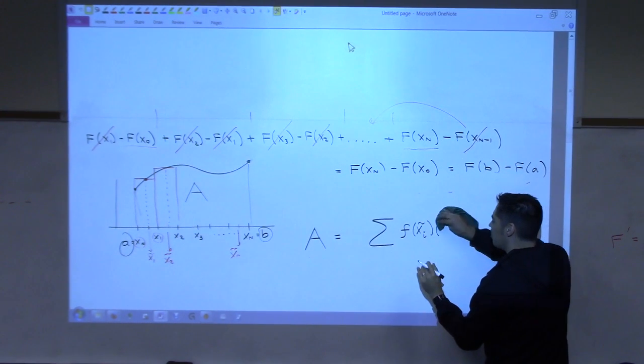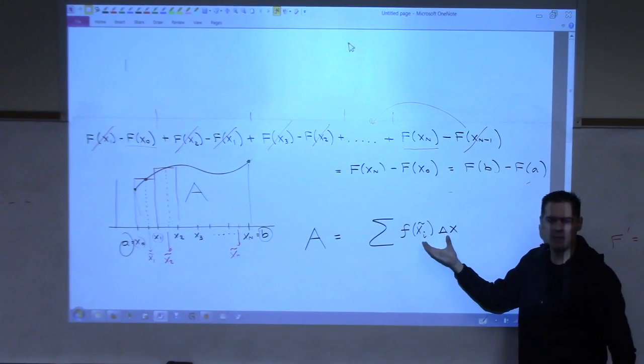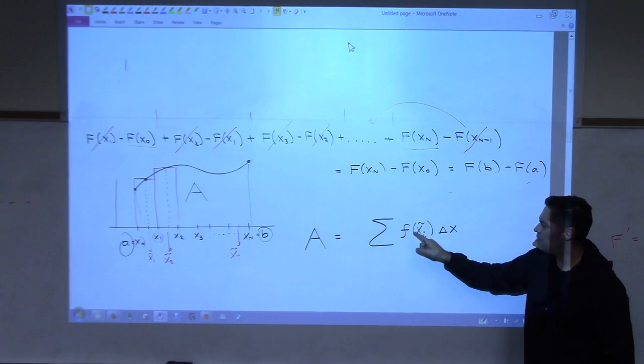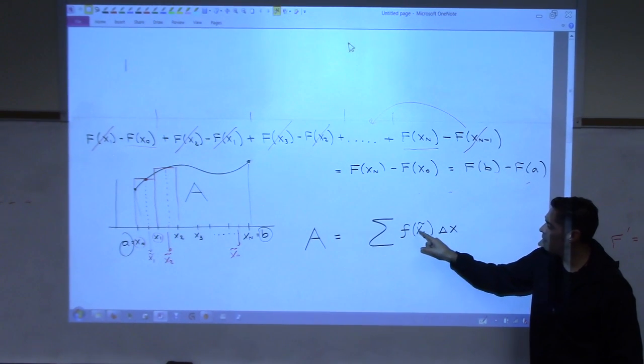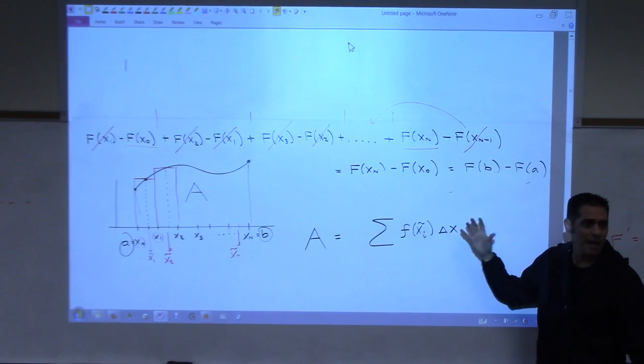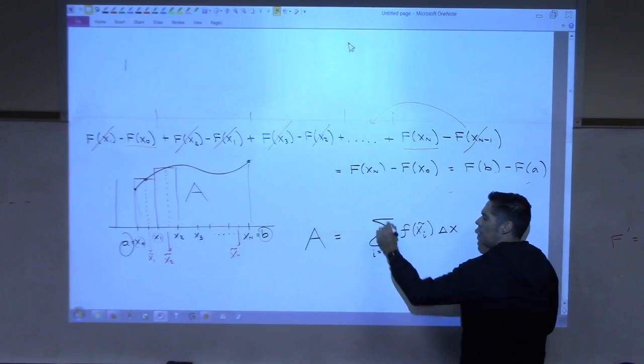It was the same for all of them. Delta x, right? Isn't this the area of each of the rectangles? I'm going to do f of x sub 1 tilde, then 2, then 3, and add all these up, right? So I'm going to let i start at 1 and stop at n.